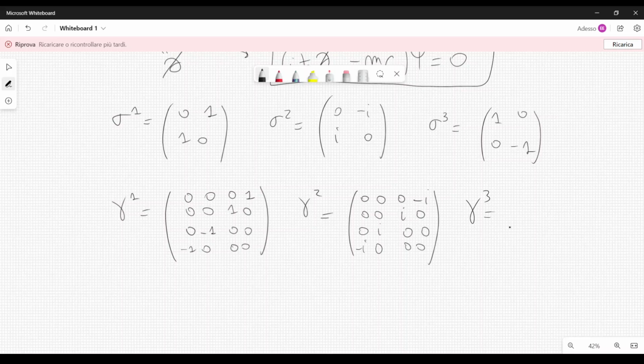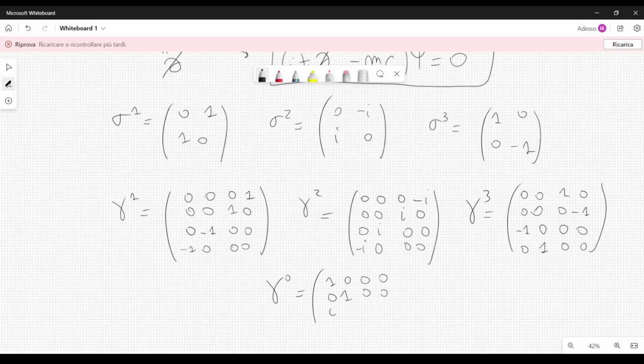Gamma_3 is 0, 0, 1, 0, 0, 0, 0, minus 1, minus 1, 0, 0, 0, 0, 1, 0, 0. And then we also have gamma_0, which is 1, 1, 0, 0, 0, 0, minus 1, minus 1, 0, 0, written like that.